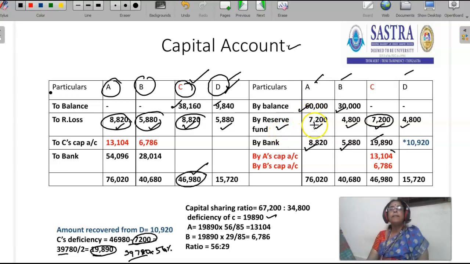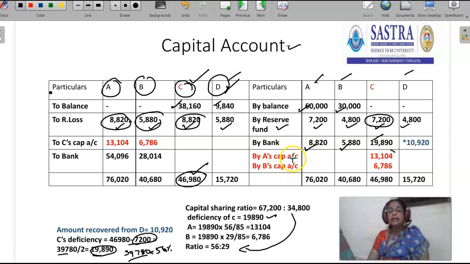So reserve fund plus the balance is 67,200, and here the balance is 30,000, reserve is 4,800. So 67,200 is to 34,800. If we simplify, the ratio would be 56:29.